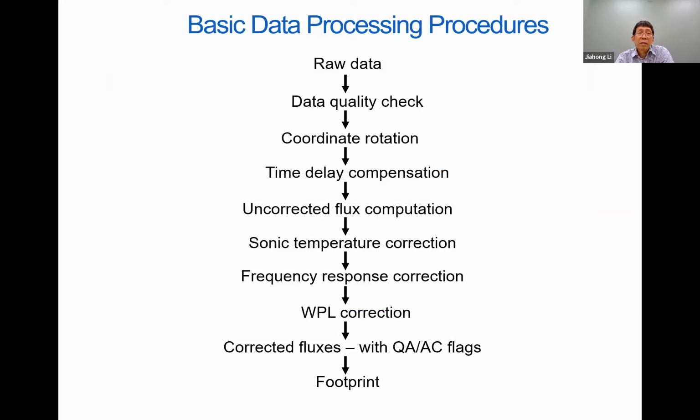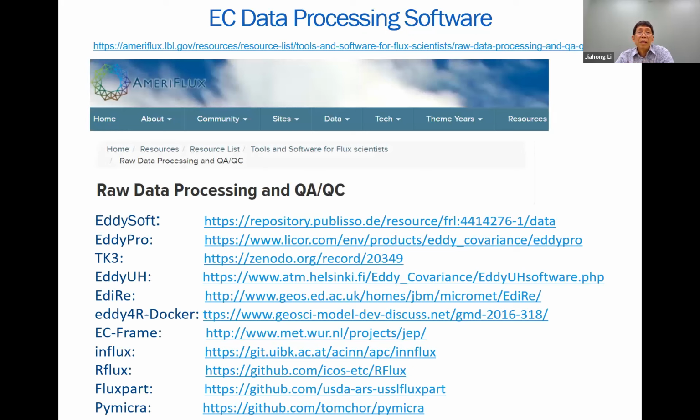So in summary, here are the basic data processing procedures. Each step needs to follow the order. So in data processing, the order matters. There are many software packages available for processing raw EC data.